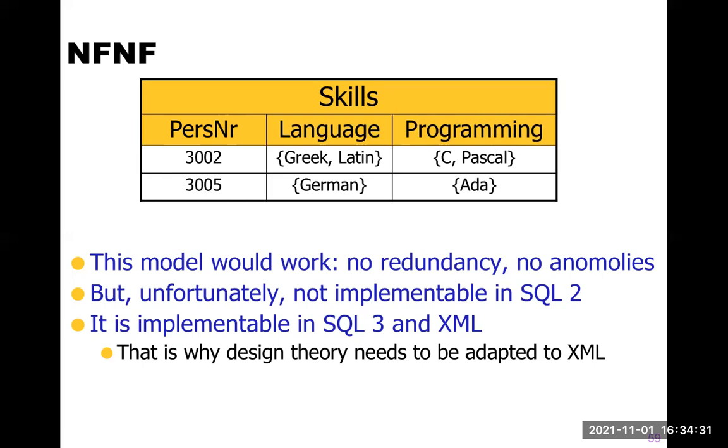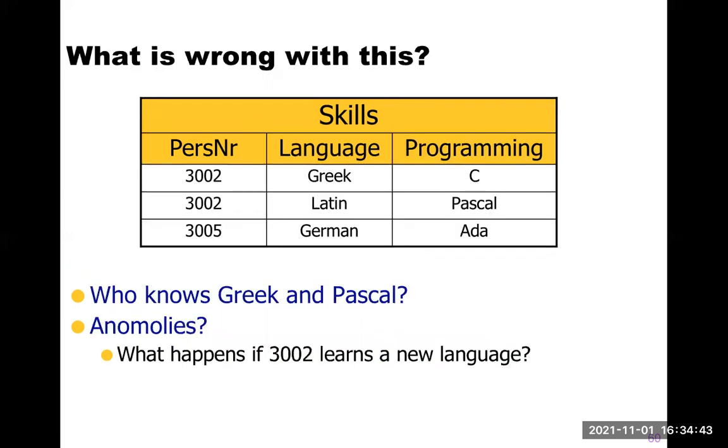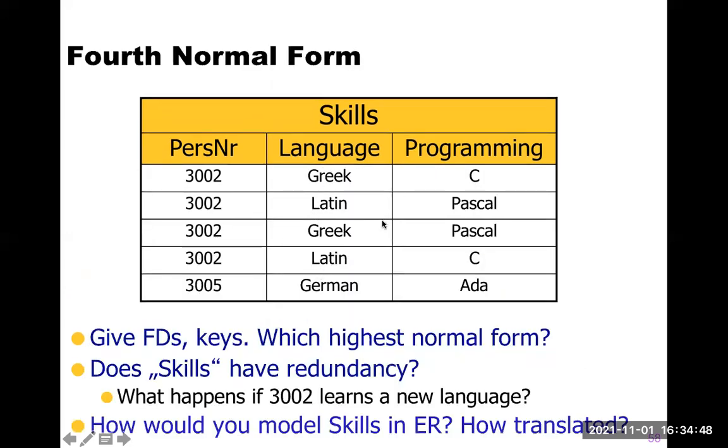That's why the design theory of relational theory is not quite a good fit for complex nested structures, including XML. The other way: let's not store all the possible combinations.